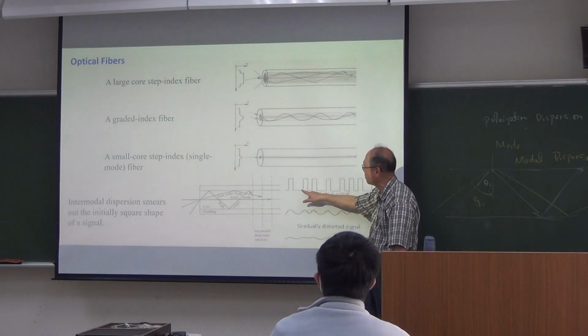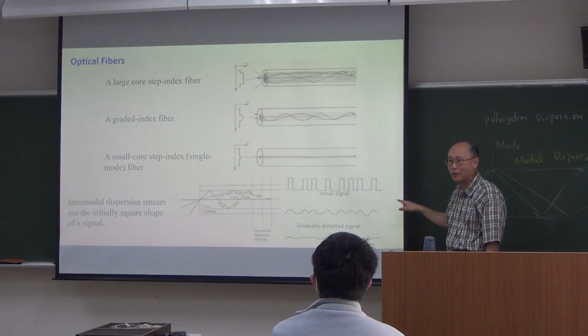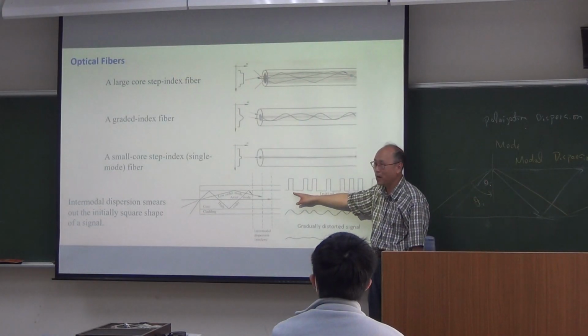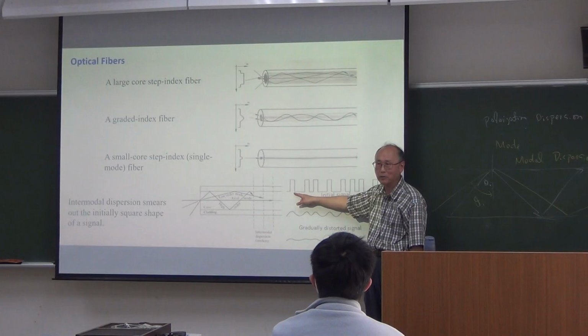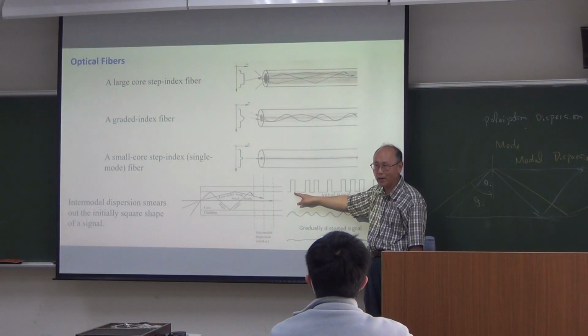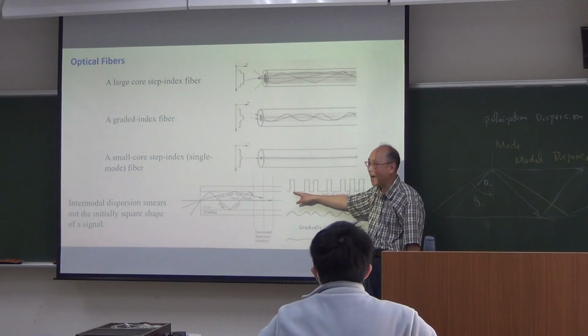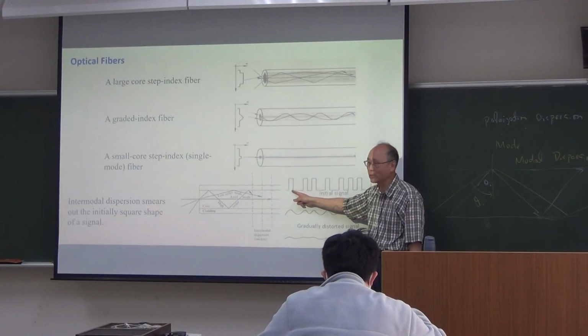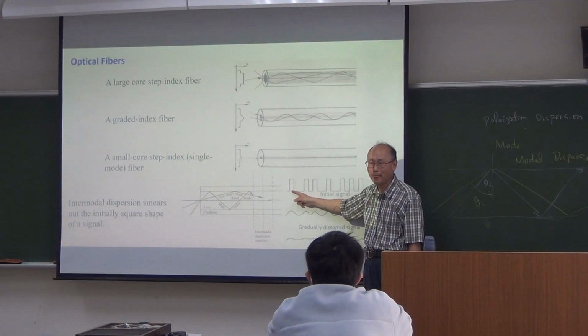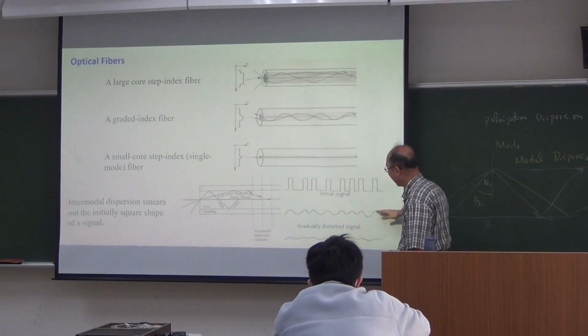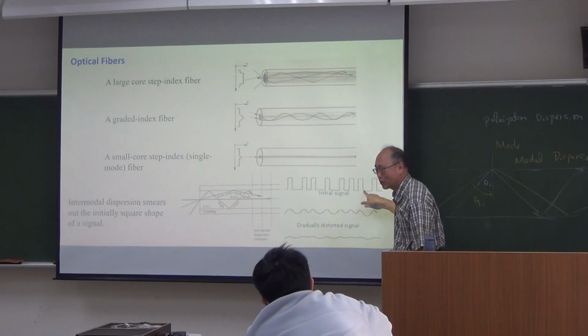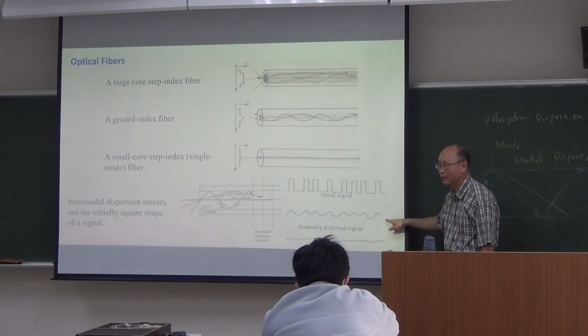When you send this 0101 signal through the optical fiber, this is a pulse. Whenever you have a pulse in time, you need to add different frequency components into this. And in the end, the digital signal will turn out to be like this.